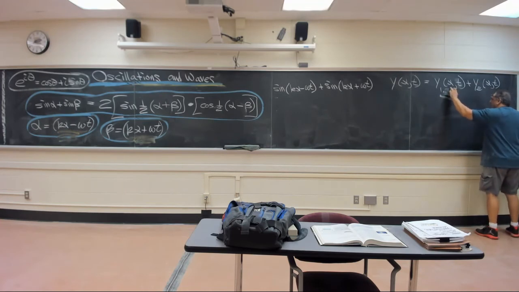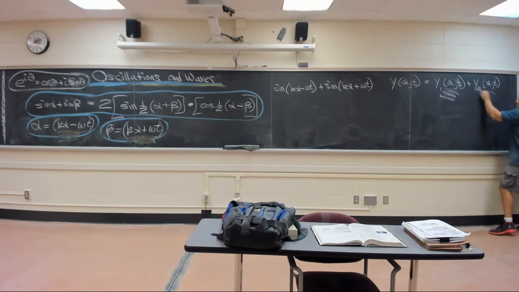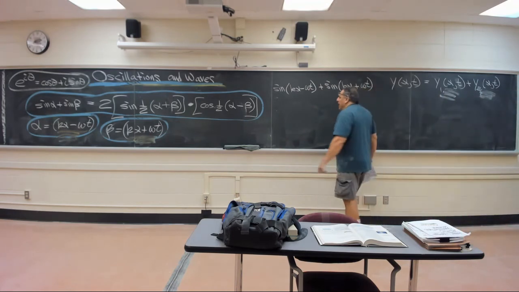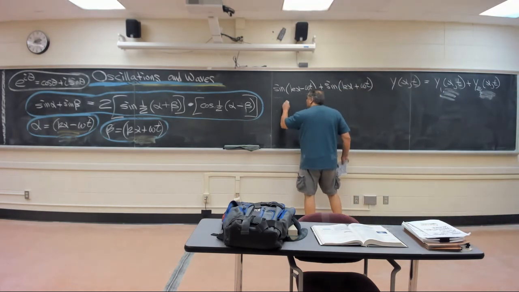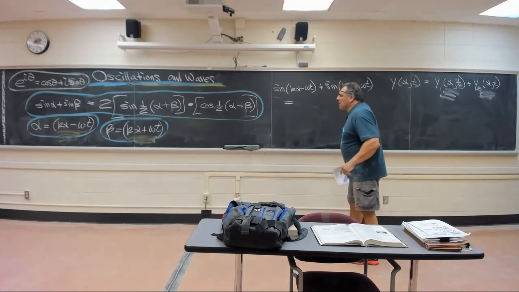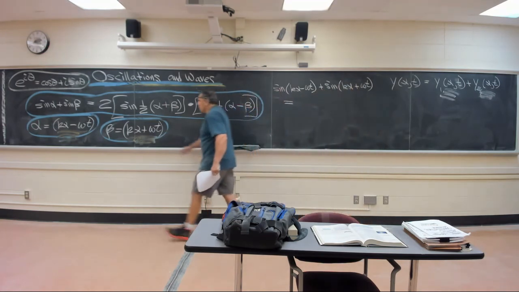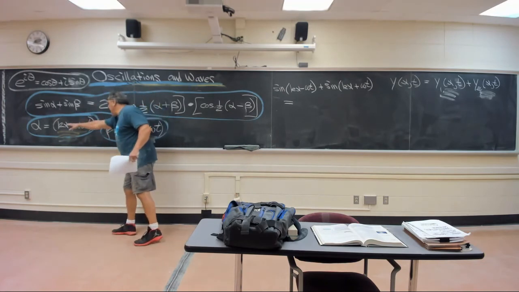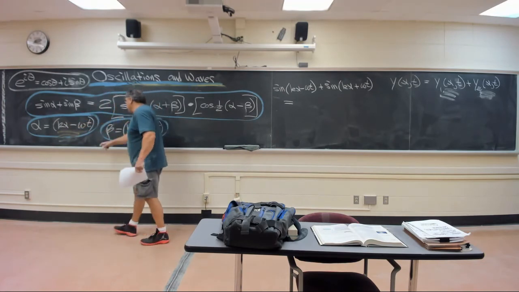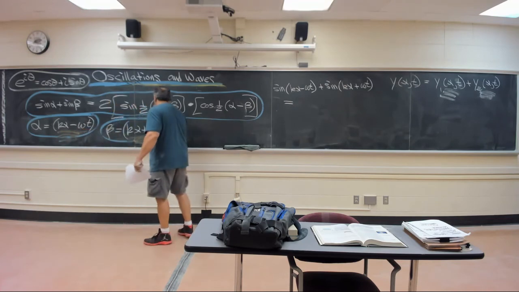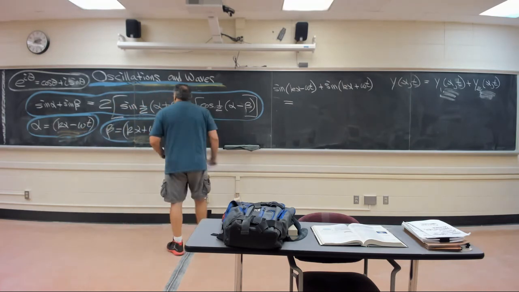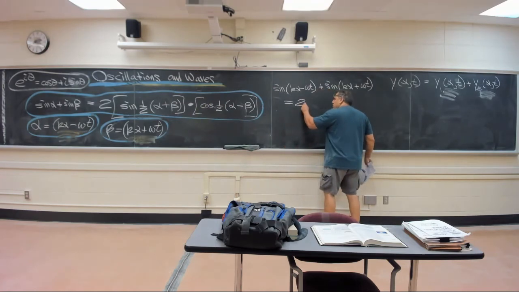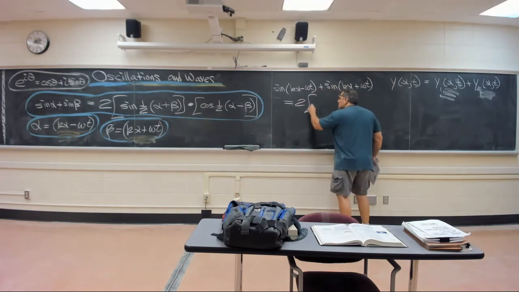As I did this, I got alpha and beta: kx and kx is 2kx, negative omega t and positive omega t is 0, 2kx, so it's 2 sine.